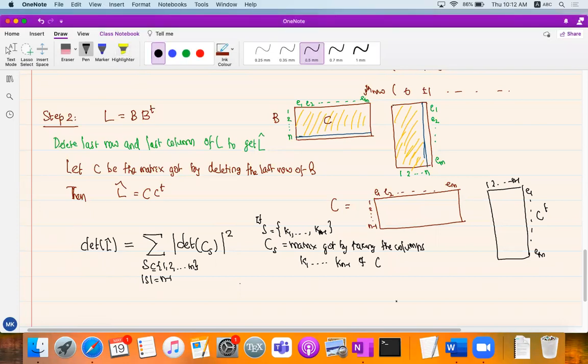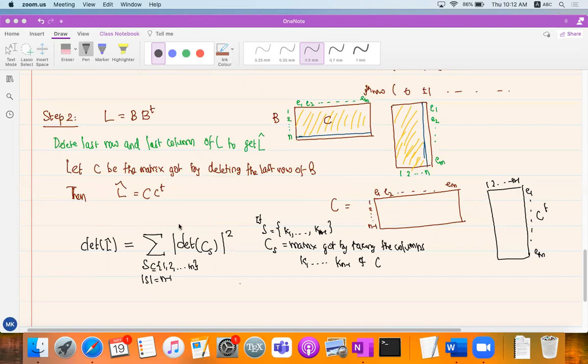Is it familiar to everyone? How many of you know the Cauchy-Binet formula? If I may ask, can you raise hands? Okay, some of you know it, but only a few it looks like.